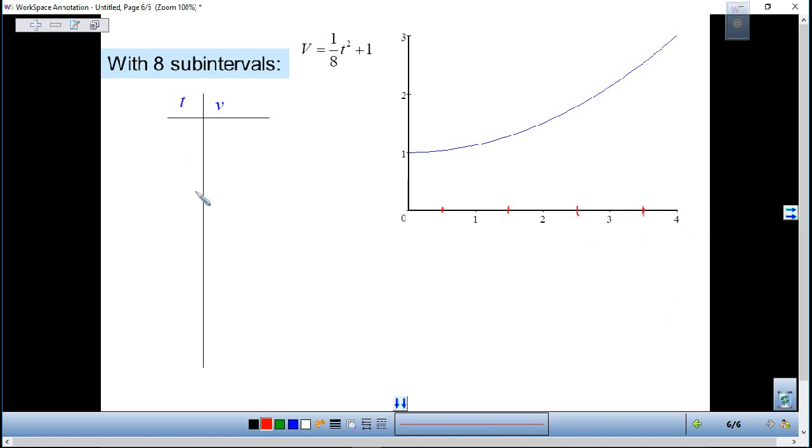Now, if we're using the midpoint again, that means we're going to go halfway in between here. So we got 0.25 as our first value, 0.75 is our second value, 1.25 is our third value, and so on and so forth. We're just going halfway in between each one of our subintervals here.